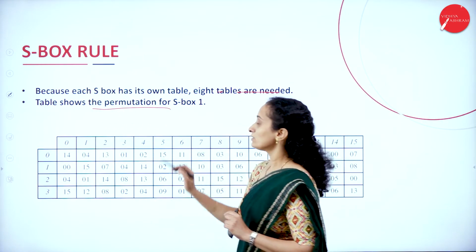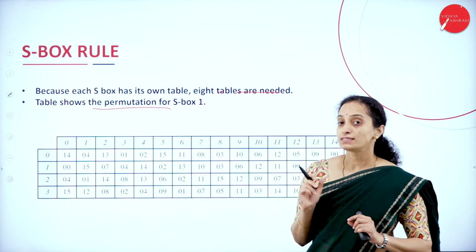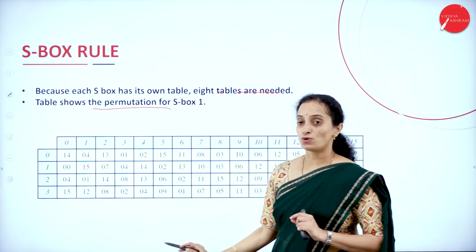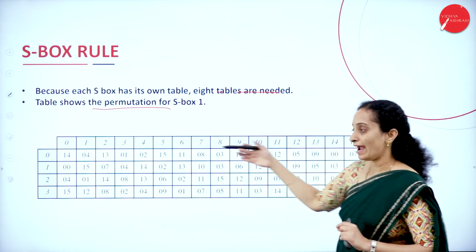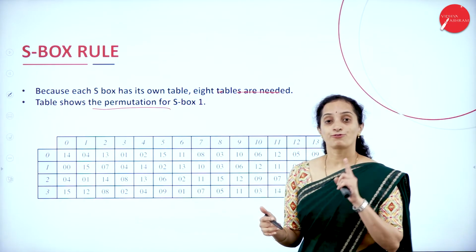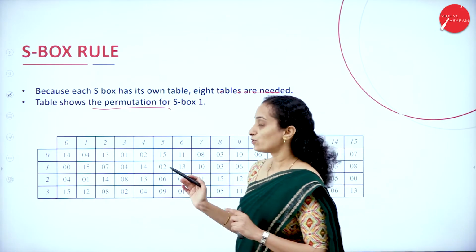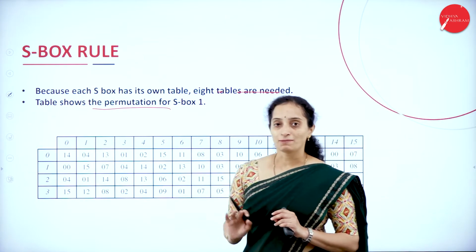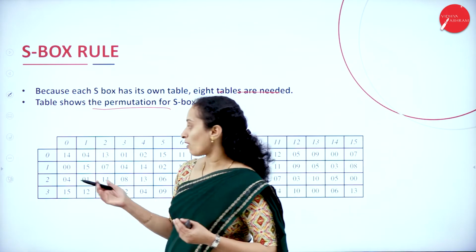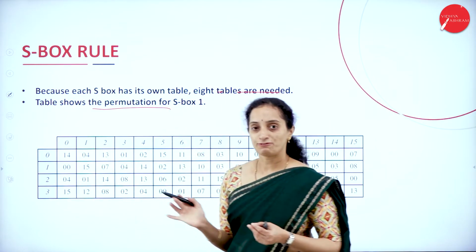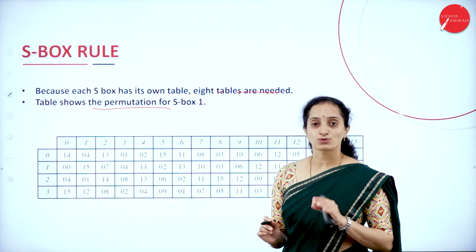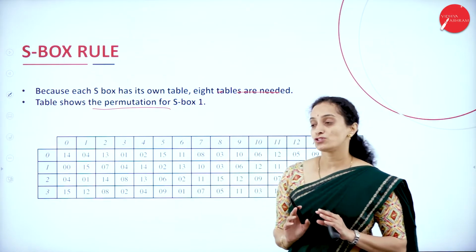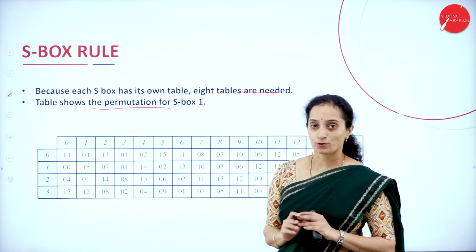This table shows the permutation of S box 1, with 4 rows and 16 columns. You need 8 boxes like this, but the combination may differ based on the predefined rule, which shows the input and output.